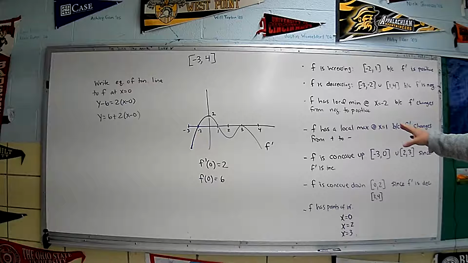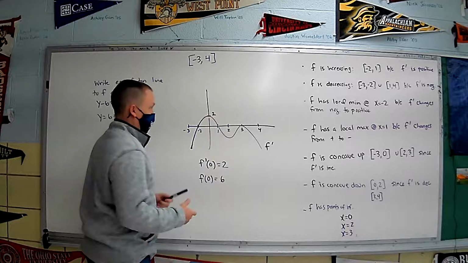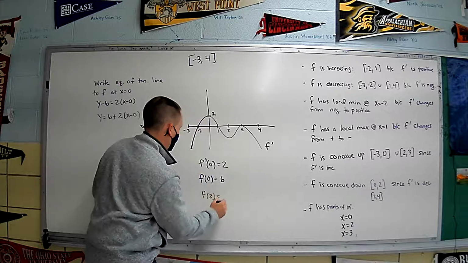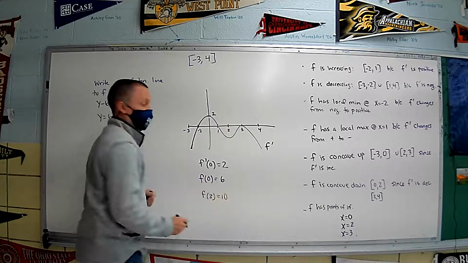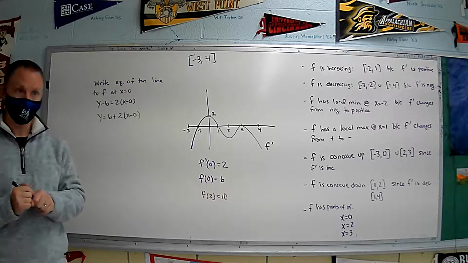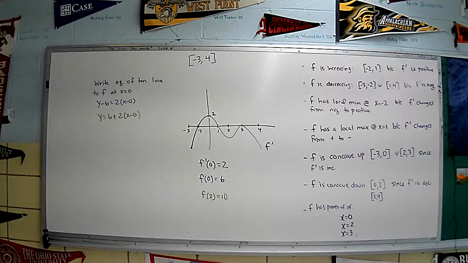0. It's 0. So what if I told you f of 3 is 10? What if I just told you that? Okay? What would the equation of the tangent line be?